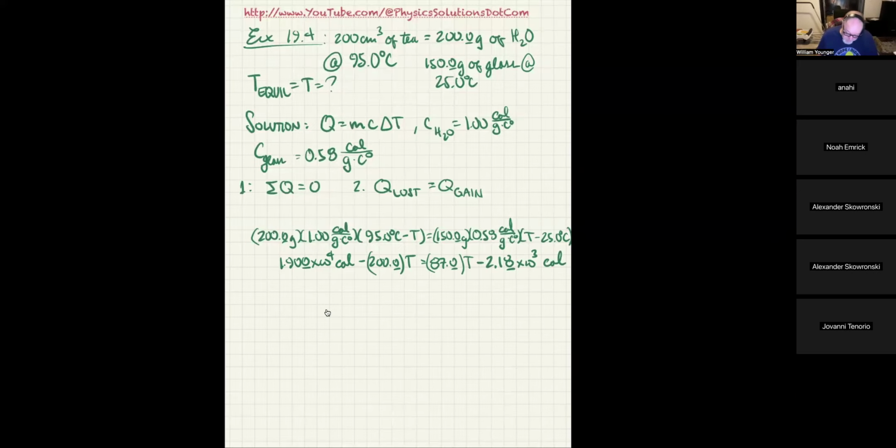So you can see that I can combine the calories together by pulling the negative 2.18 to the other side. So I'm going to say add that to 1.9 times 10 to the fourth. And that gives me 2.12 times 10 to the fourth calories, and I'm going to pull the T terms to the other side.